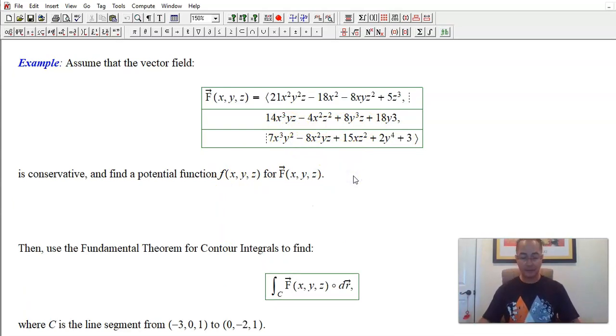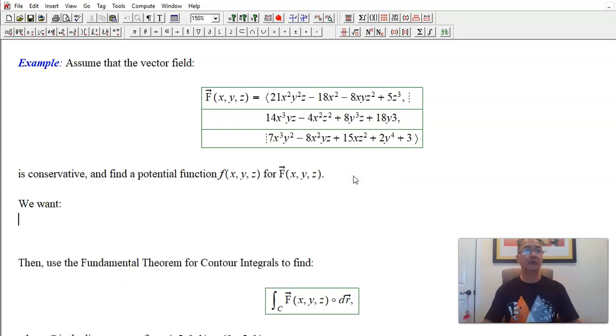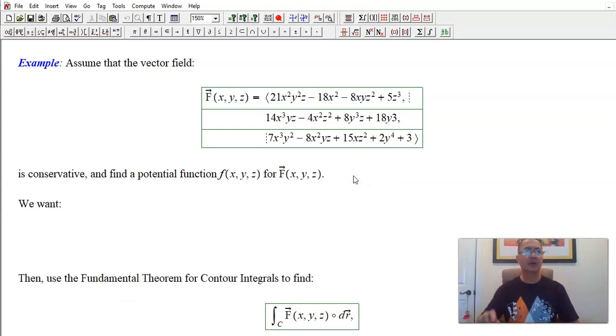Let me write that over here. We want to look for this single function, only one function, little f, so that the partial of f with respect to x is this monstrous thing.